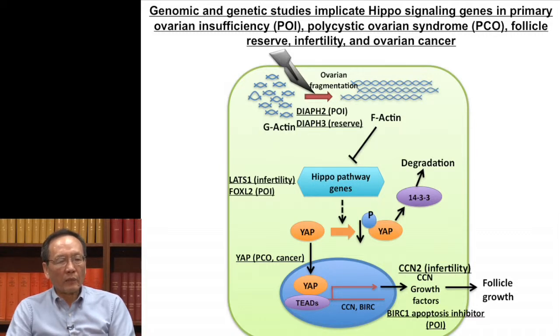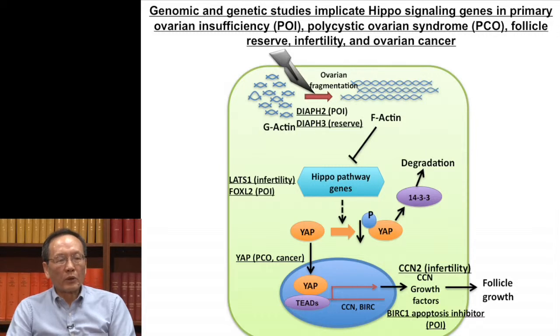And interestingly enough, this is the same slide I showed you earlier, but all the ones that are underlined show genome-wide analysis of different patients, such as POI patients or diminished ovarian reserve, that is, a patient who reaches menopause a little bit earlier, and patients with PCO.